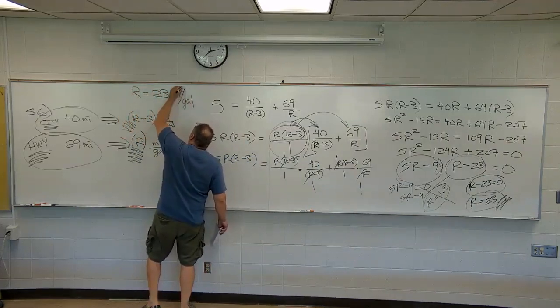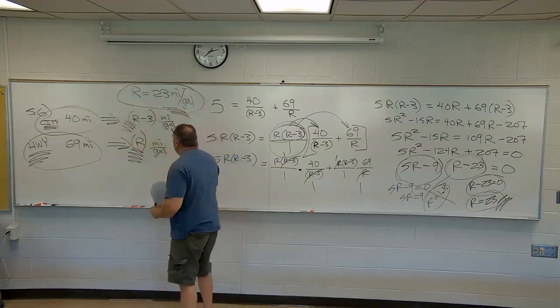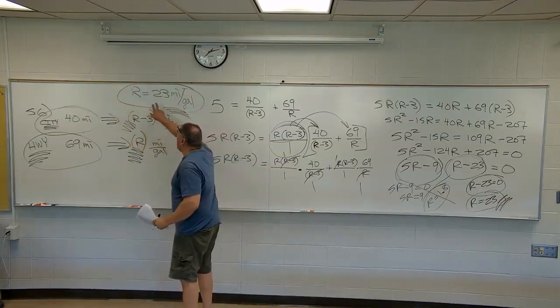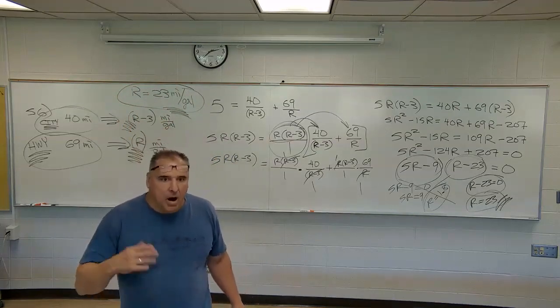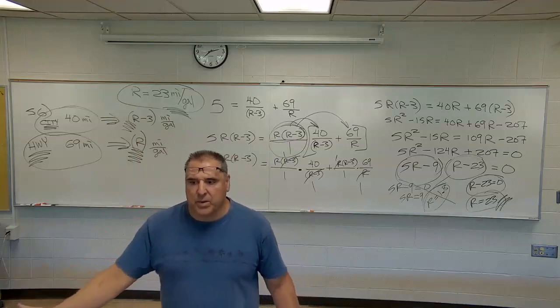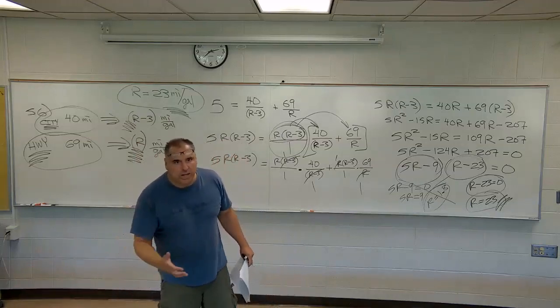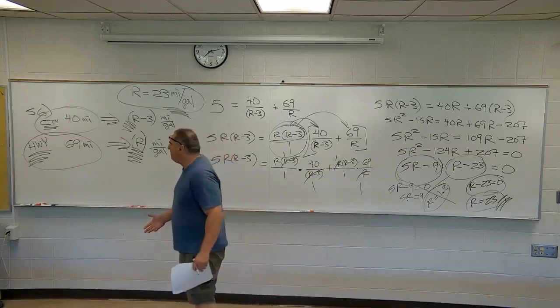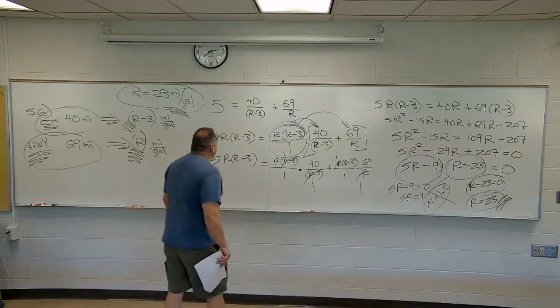If that's the highway mileage, what's the mileage in the city? 3 less than 23 is 20. R minus 3 would be 20 for the city, and R is 23 for the highway. Does that make sense? I think it does.